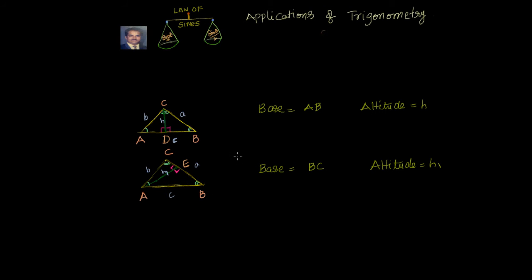So let's try to do this. Now the whole discussion is revolving around the altitude, height h. So let's see how you can represent the altitude h in terms of trigonometrical ratios. Look at the triangle ADC. You can clearly see that sine of A is equal to the height, that is the opposite side, divided by the hypotenuse.